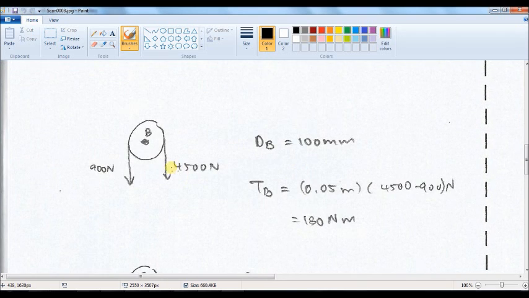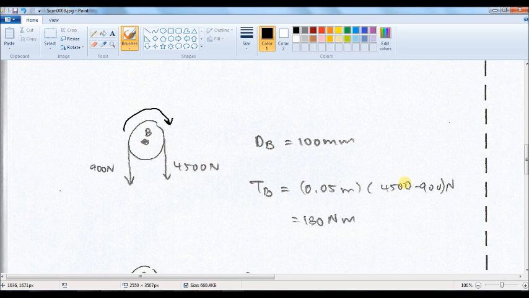Definitely the resultant of these two loads will rotate the pulley in this way, because we have greater tension on this side.